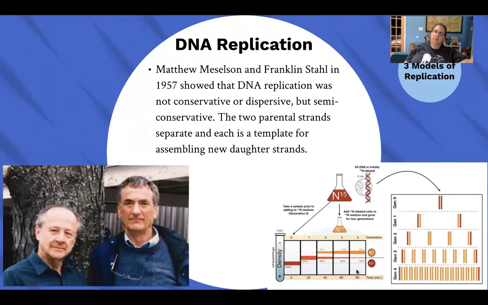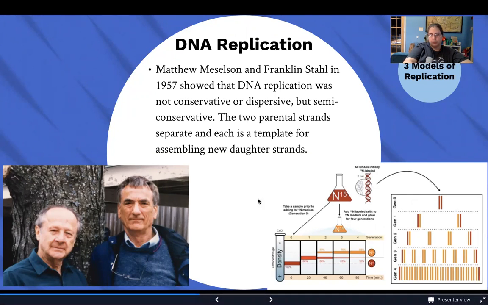In general, what they discovered is that the original DNA, the parent strands, separate. Each one is used as a template for the new strand, and then they stay with the new strand. So the resulting daughter DNA, the new DNA, always consists of one parent strand and one new strand.